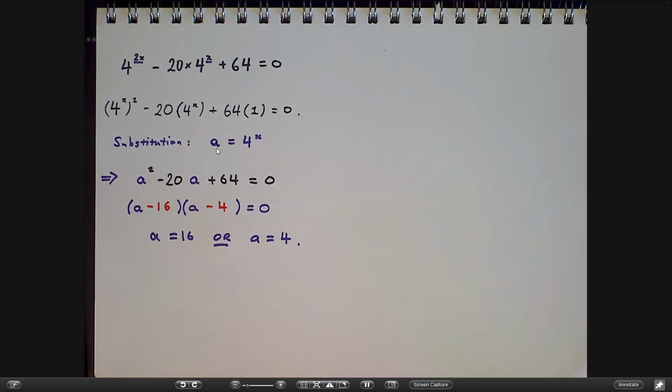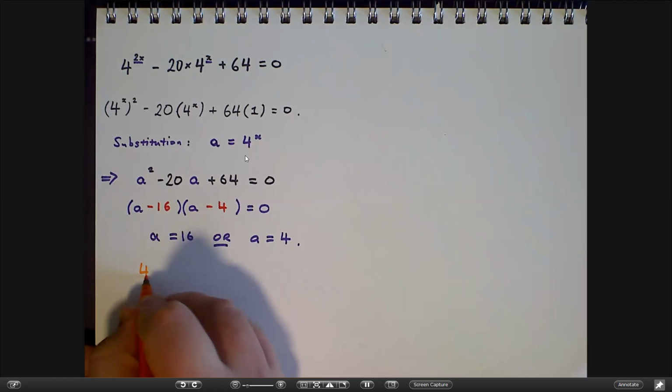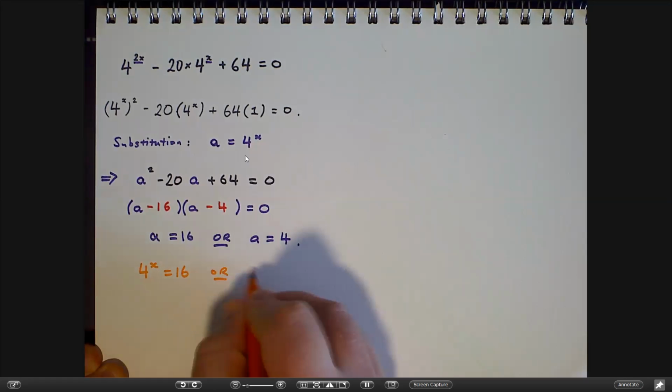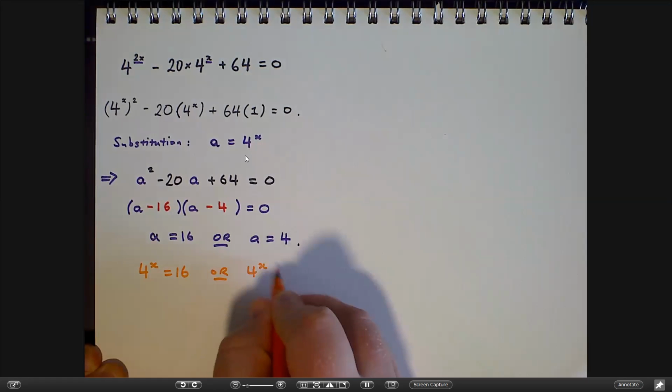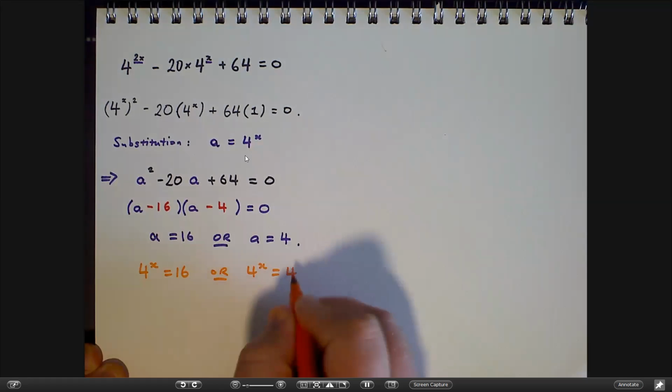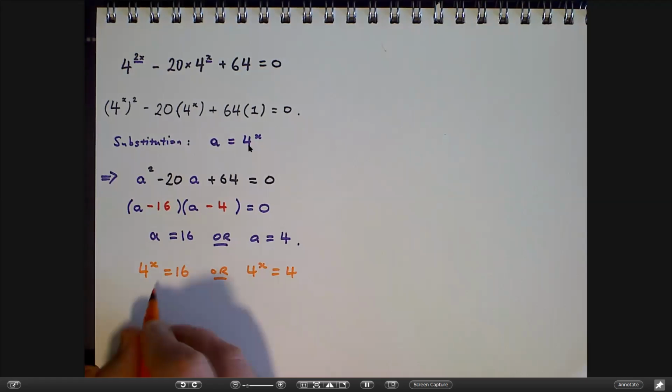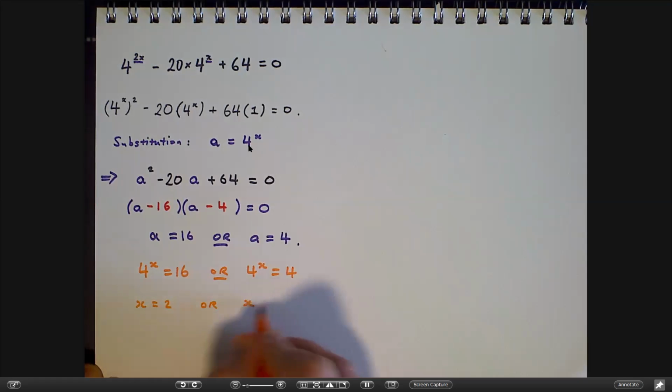We're going to come back and we're going to replace A back with 4 to the X. And at this point, it's possible we'd have to use logs or something here, but luckily we don't. This is actually one of the simpler cases from before. So we can just say, oh, X has to be 2 or X has to be 1.